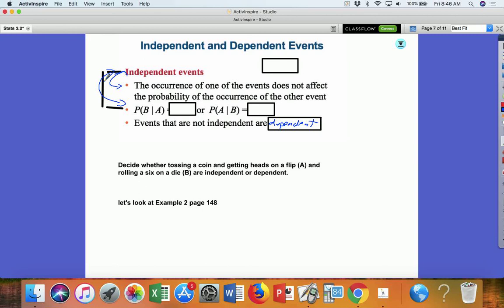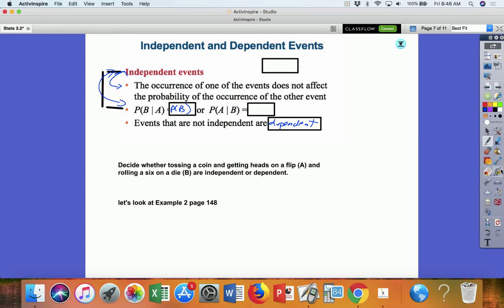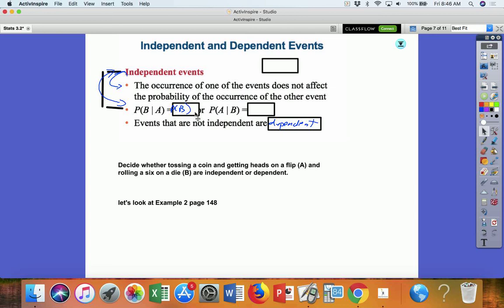Now, if you had to test something mathematically, this is what you would use as a test to show that they're independent or not. Okay? So if the probability of B given A is equal to the probability of B, then they would be independent events. So again, if these two are equal, I'm saying that there's an equal sign there.